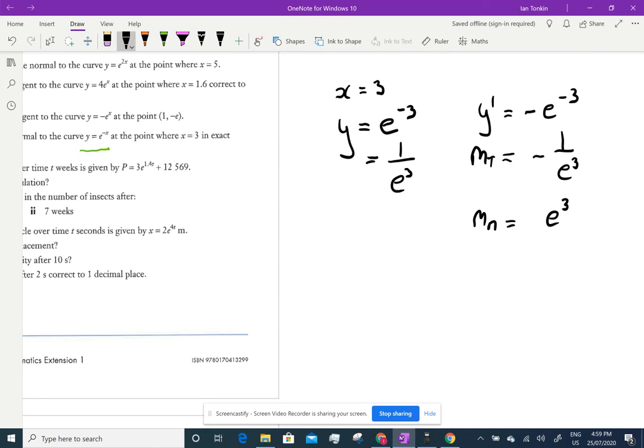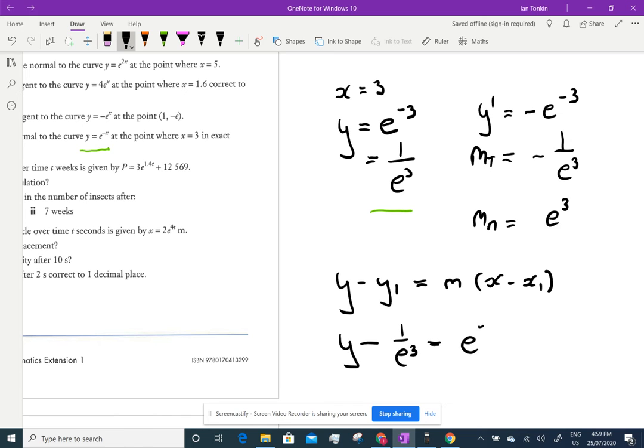So now all I do is y minus y1 equals m times x minus x1. And I get y minus the y value. Here's the y value: y minus 1 on e to the 3 equals m, there's your m, e to the 3, times x minus the x value, which is 3.